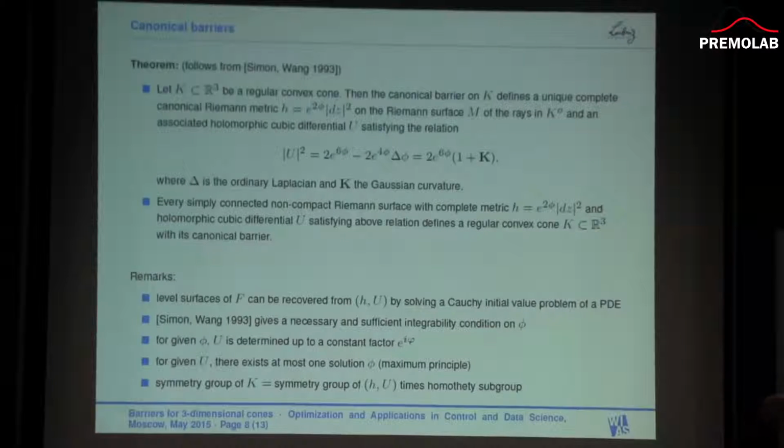So each metric corresponds to a one parametric family of cones.